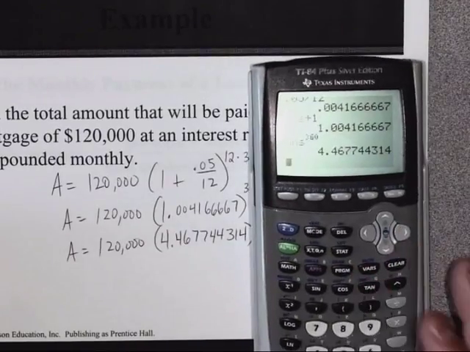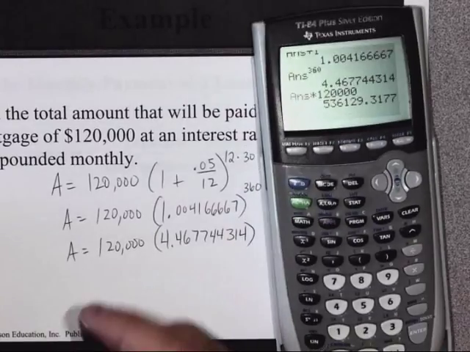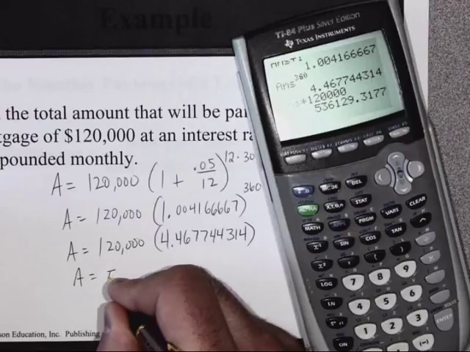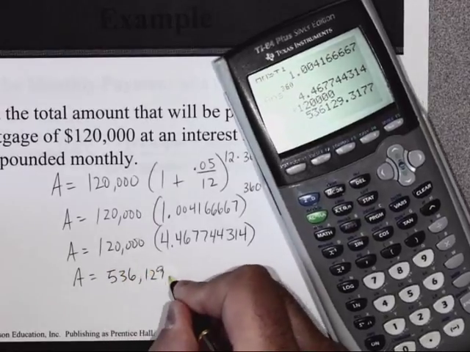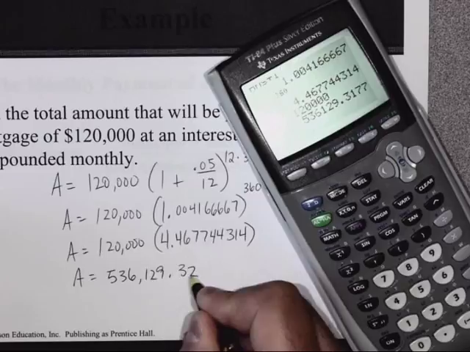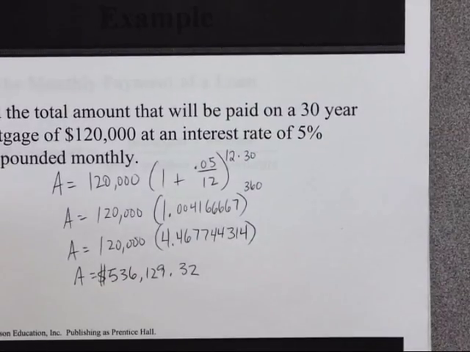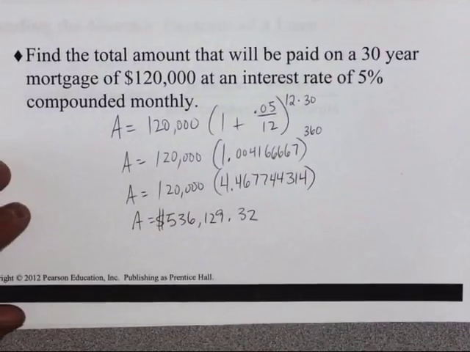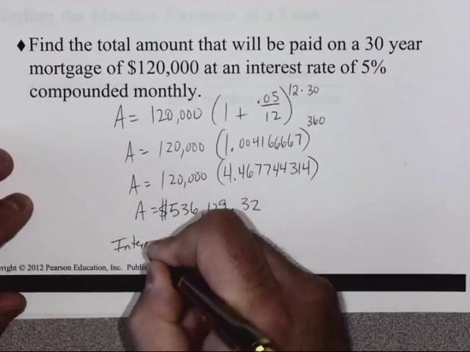And then I'll multiply that times 120,000. And you get $536,129.32, which is kind of sickening. All right, how much interest did we have to pay this bank?